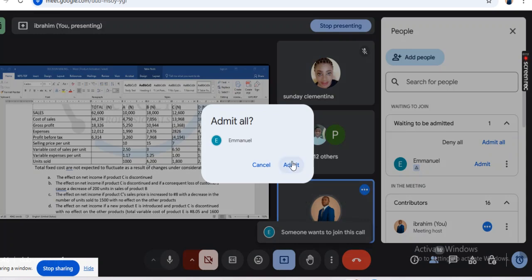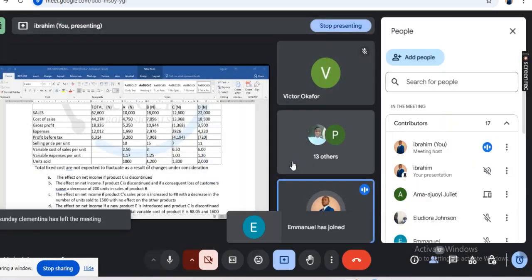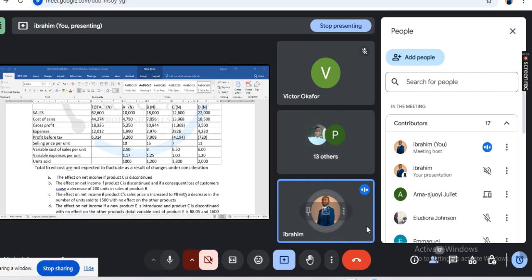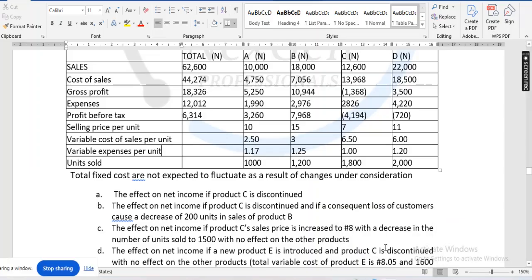Your contribution is your net income, because sales minus variable cost gives you the net contribution. In performance management, you recognize contribution as profit, so we base the decision on the contribution.